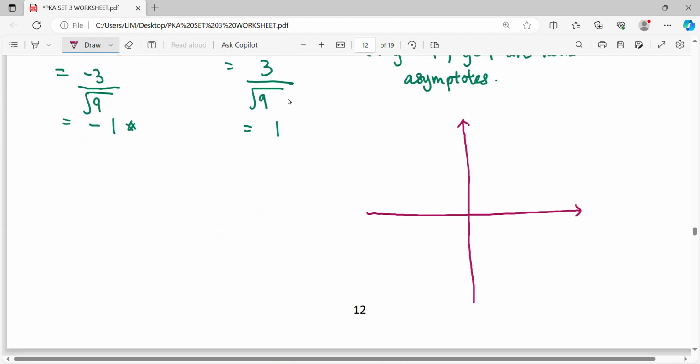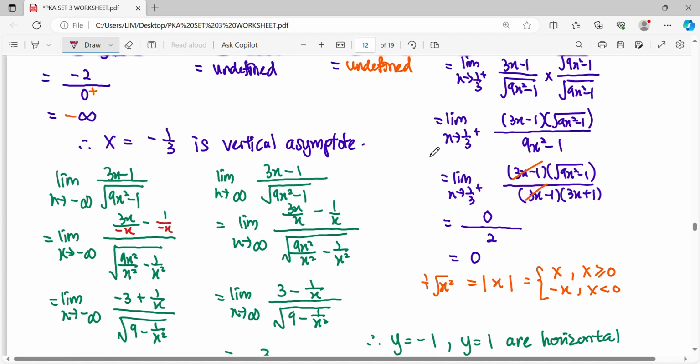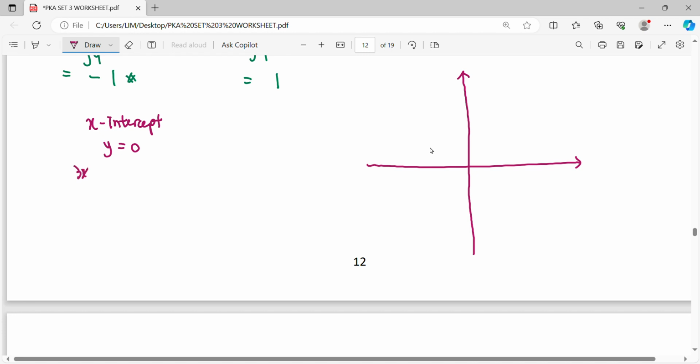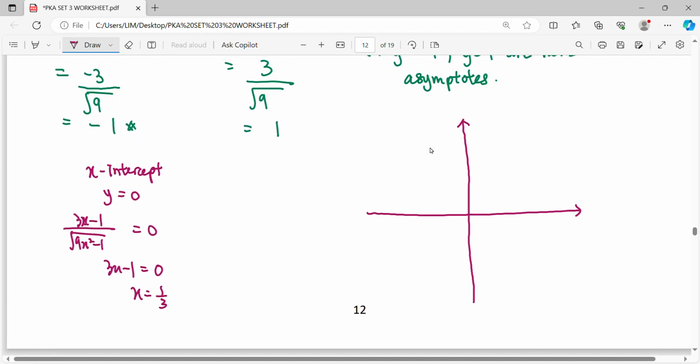So we find the x-intercept when y equals 0, so multiply up your denominator, x only equals 1 over 3. So at x equals 1 over 3, you're having your intercept.